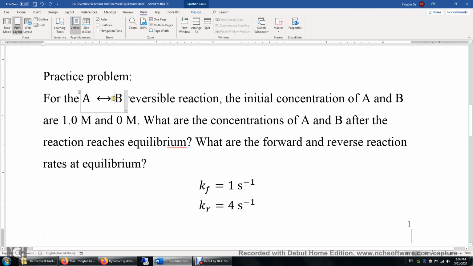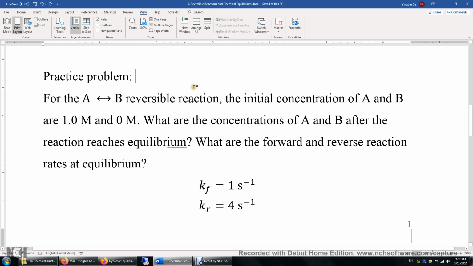So again, you can imagine you are giving money to a friend and the friend is giving money back to you. And no matter how much money you give to your friend or how much money your friend is giving to you at whatever rate, in the end, I believe the total amount of money between you and your friend is a constant.